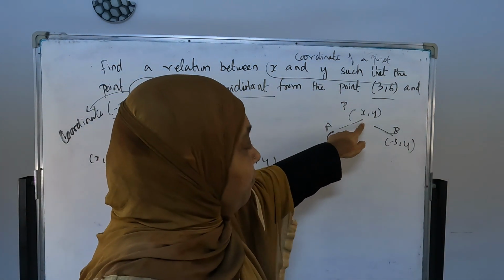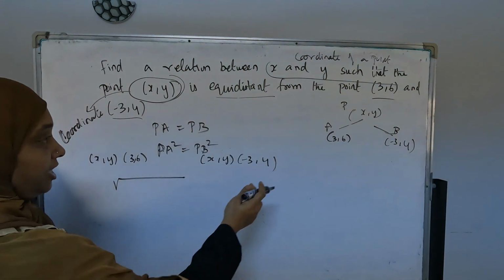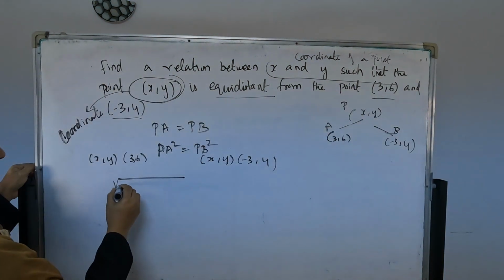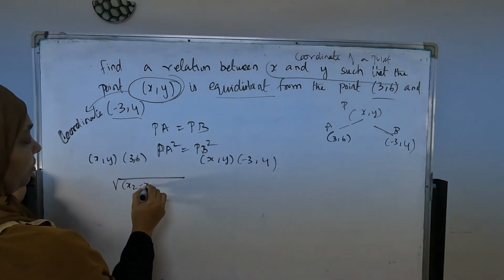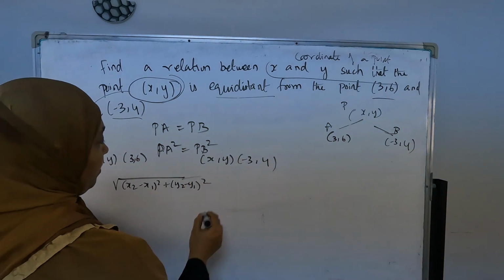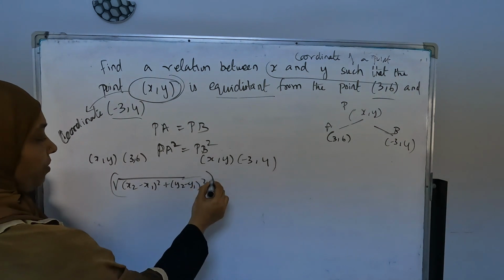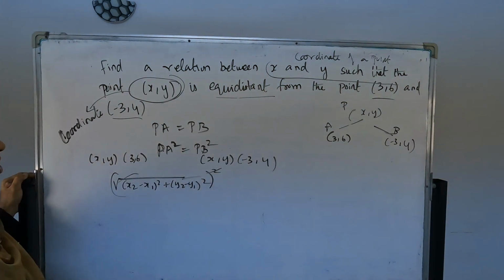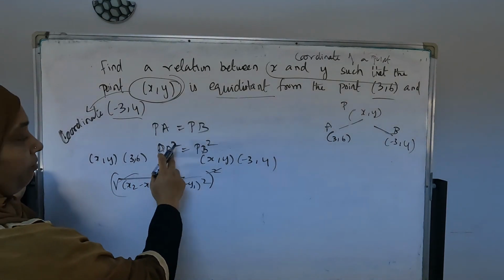To find the length we have to use the distance formula only. We know that one: x2 minus x1 the whole square plus y2 minus y1 the whole square. In this formula only we are going to substitute, and if I am squaring this one, the root will go. So directly we can write this one only here, because we squared both sides.